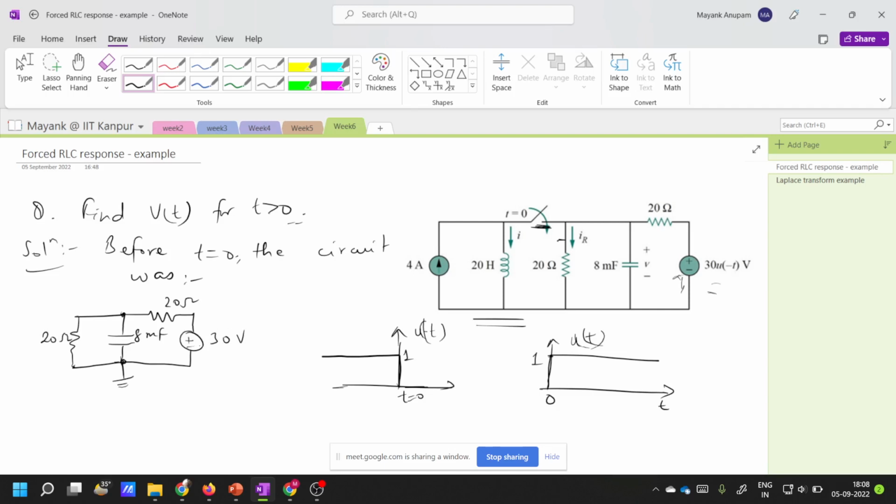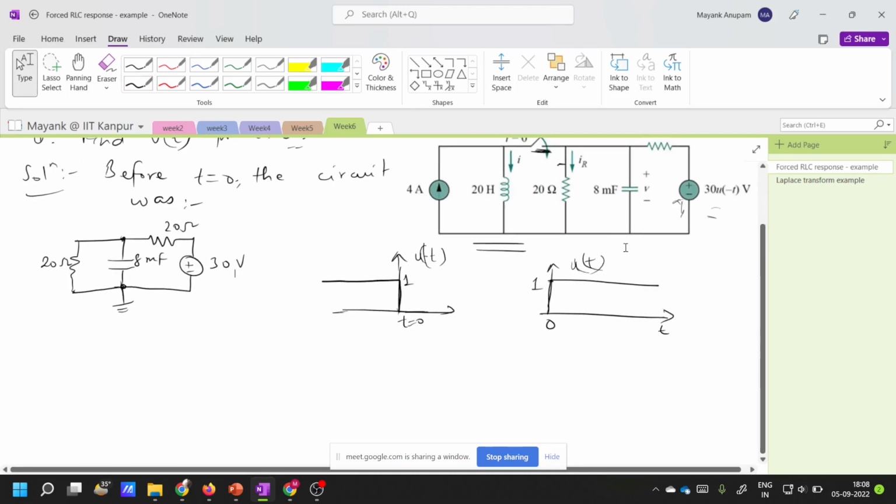Right? Now tell me, this u of minus t means that this has been 1 since t equal to minus infinity. So for all practical purposes, I can say that this voltage source has been equal to 30 volts from t equal to minus infinity till now.